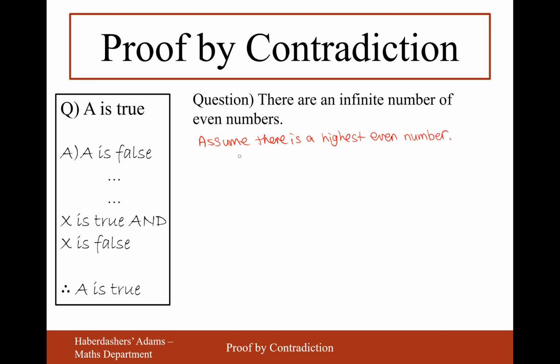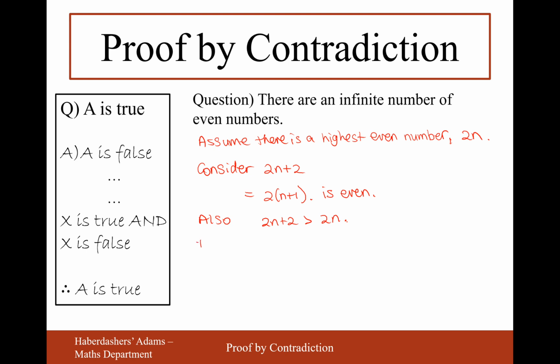Okay, so we'll call it 2n. And now to prove that this is factually incorrect, we'll consider the number 2n plus 2. We can factorize this to 2(n plus 1). This is an even number, and also 2n plus 2 is greater than 2n.